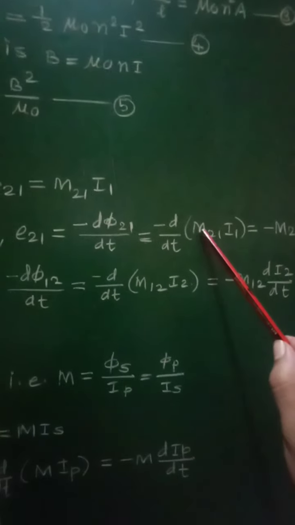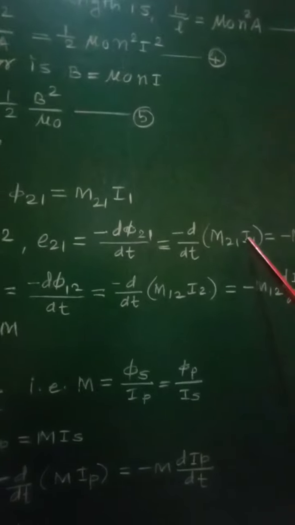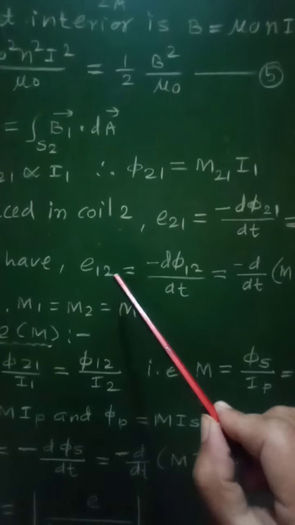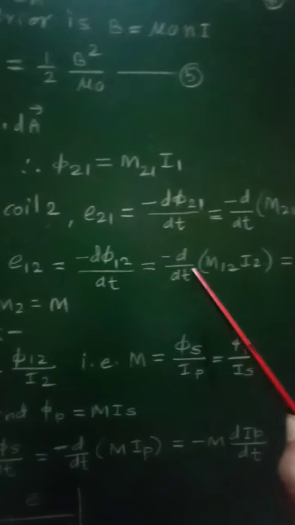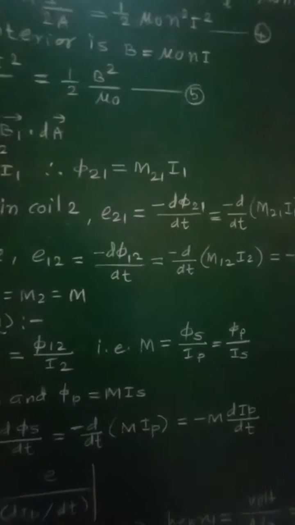So in the relation of E21 we have considered current I1 in the first coil, and for E12 we have considered current I2 in the second coil.